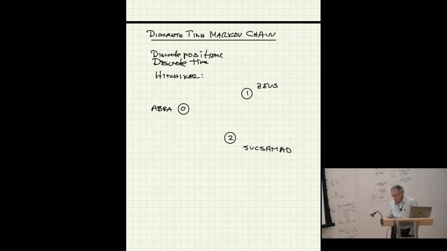Anybody figure out what I'm doing with these names? Damascus, Suksamad is Damascus backwards. And Zeus is Suez backwards. And Abra is Abra. Okay. Just playing around. You see there's some other cities I have in my book which are more fun.